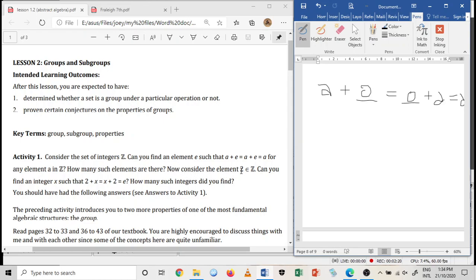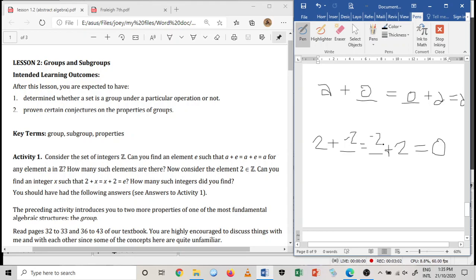Then consider the integer 2. Can you find an integer x so that 2 plus x is equal to x plus 2, giving the element E we found earlier, which is 0? So what integer do we add to 2 so that the sum is 0? You guessed it right: negative 2.